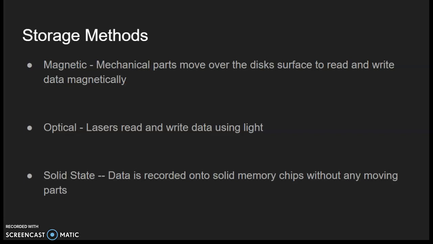You've also got the optical, lasers read and write data using light. And then you've got solid state, which is a type of storage method. Data is recorded onto solid memory chips without using any moving parts. And that's what makes solid state drives so much better than hydraulic hard drives now.